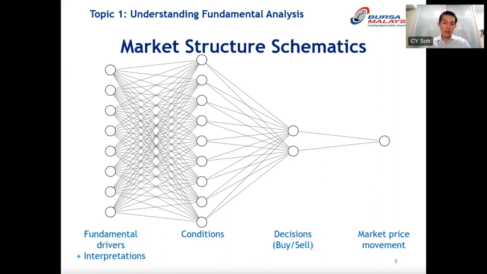Later on, I will share a little bit about what the fundamental factors are that in fact influence your index futures as well as your commodities futures. These fundamental factors, through analysis, will actually affect the conditions in the market. It will affect your buy sell decision, and this is where the market changes in price.